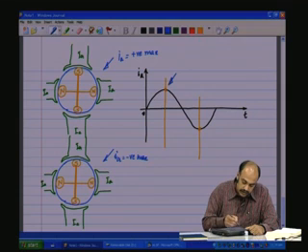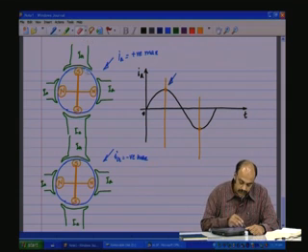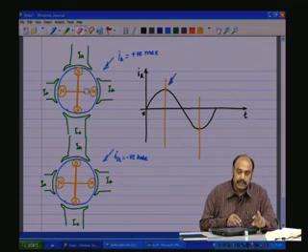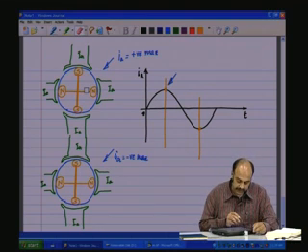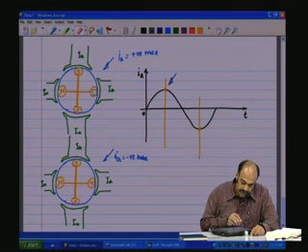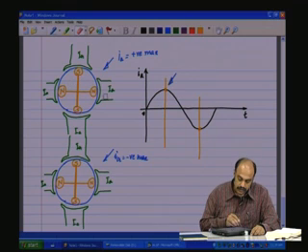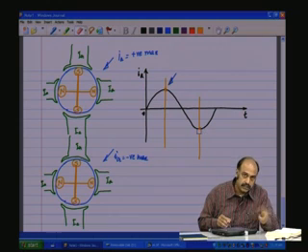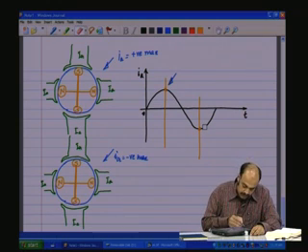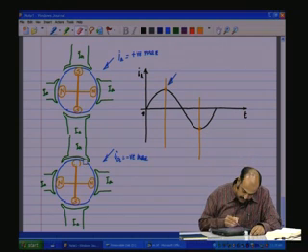So between the positive max and the negative max, there should be 180 degrees, that is, the north and south poles should interchange. So here we have north, north, south, south, at the positive max. At the negative max, the north and south poles should interchange. So we shall interchange the north and the south poles.